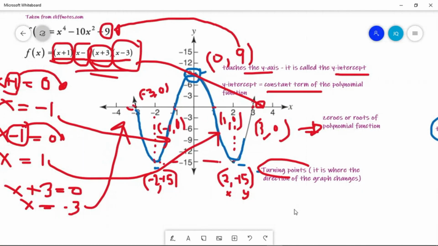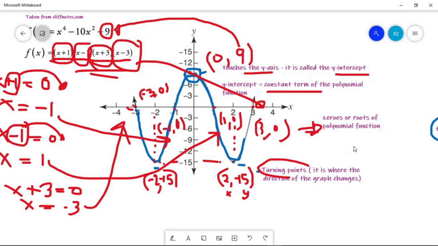Okay, so the polynomial function graph has what we call the turning points, which is where the direction of the graph changes. And also, there is what we call the y-intercept, wherein the graph touches or crosses the y-axis. And the y-intercept is also the constant term of the polynomial function.